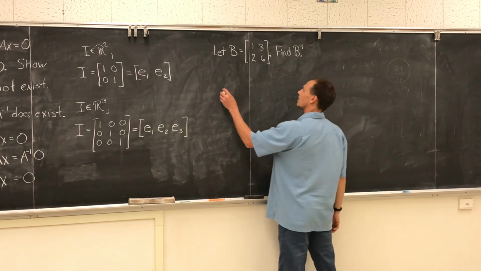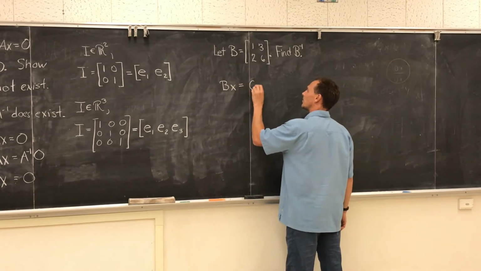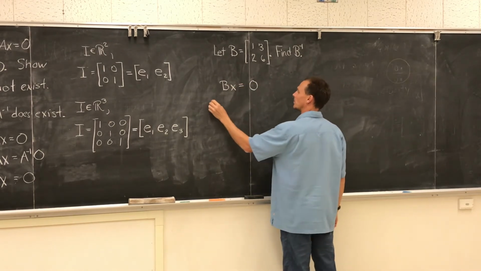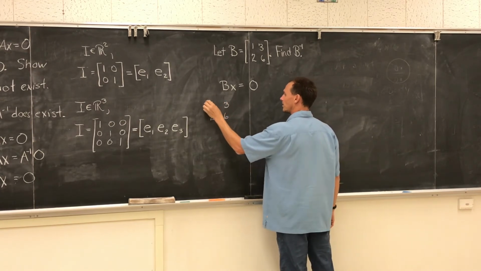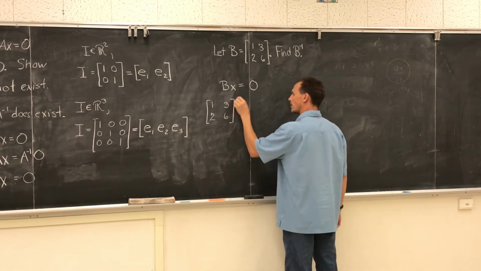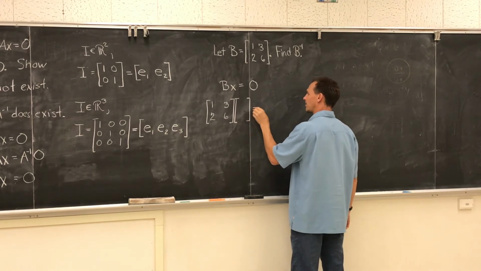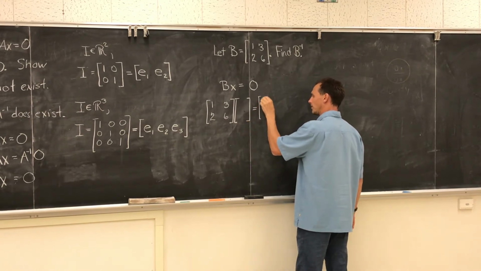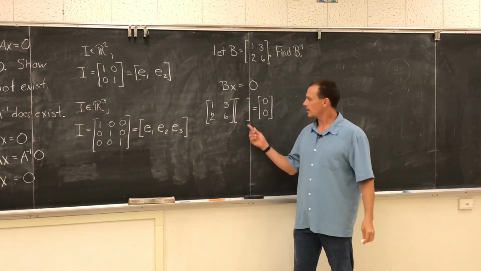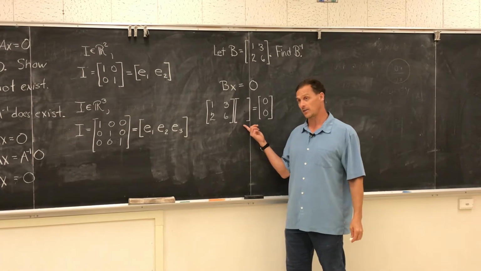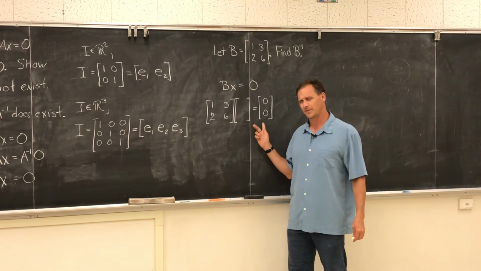Let's try this. If I take Bx equals 0. Let's write this out. This is 1, 2, 3, 6. Can I come up with some vector x and then 0, 0? Let me write that first. Okay. The question then is, can I come up with some vector x such that it's not 0 that gets me here?